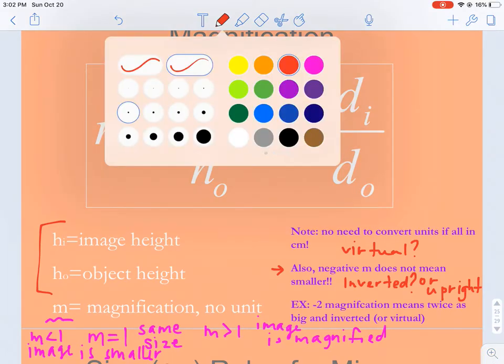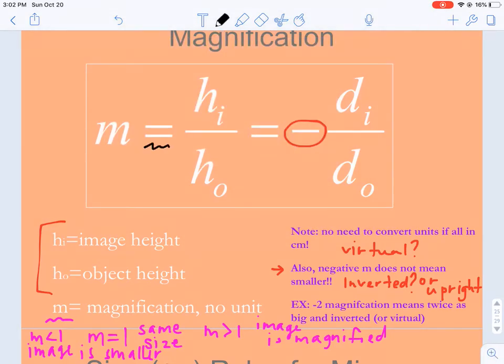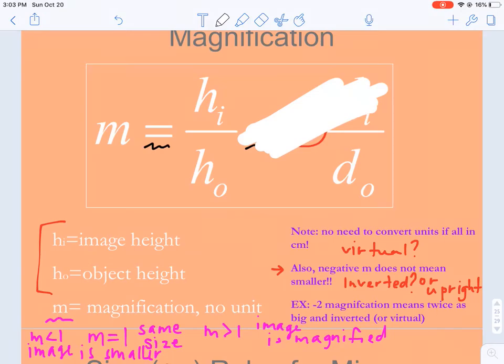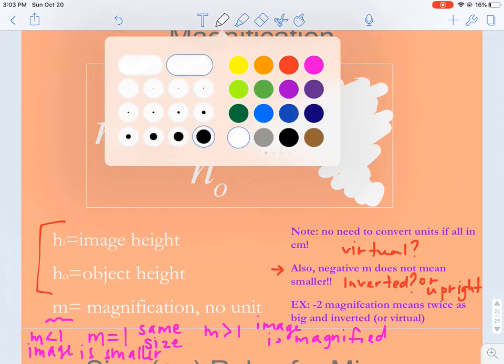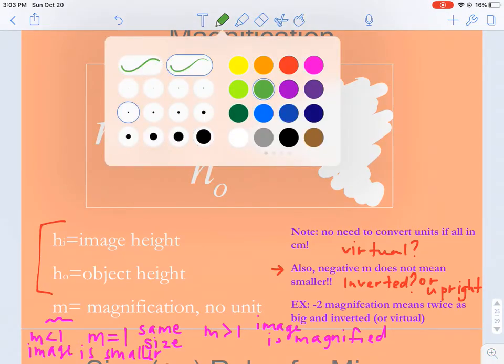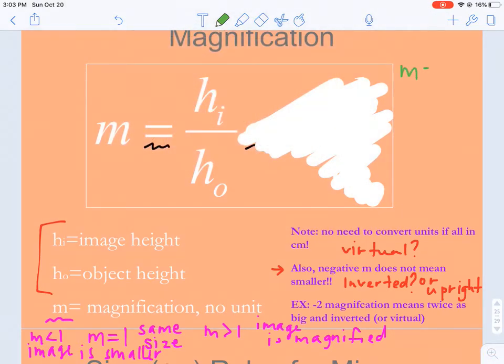Now, this equation is a little weird because there are 2 equal signs. So sometimes it's better to actually write this as 2 different equations. What the equal sign is trying to really say is, let's pretend that this didn't exist. Well, now it's saying that you have one formula that says magnification equals the image height over the object height.